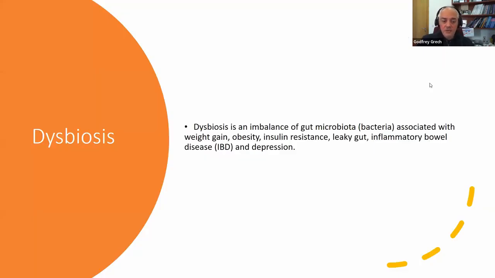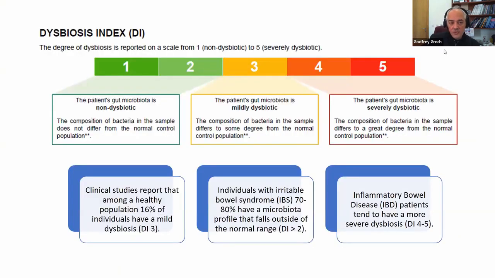So in terms of the terminology, the imbalance of gut microbiota is called dysbiosis, and dysbiosis is associated with various conditions and also diseases, and it is associated with weight gain, obesity, insulin resistance, leaky gut, inflammatory bowel disease, and also depression.